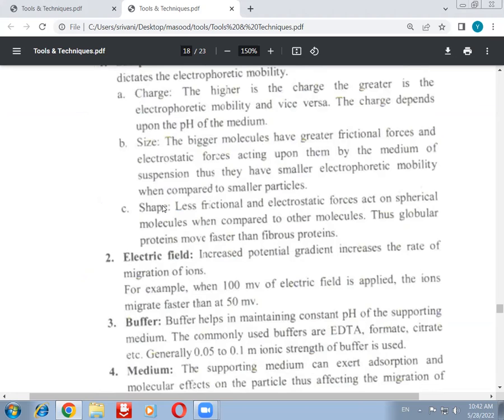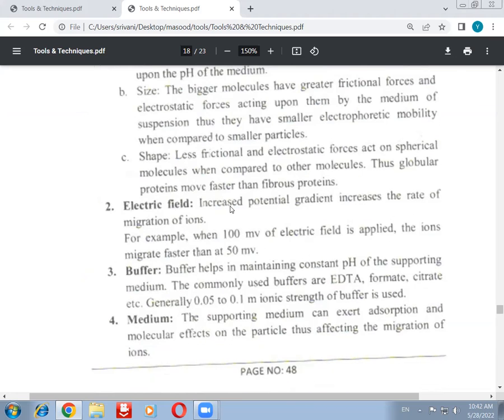So due to shape as well as size, we can separate. Electric field: we use the potential gradient to increase the rate of migration, and so the molecules are separated due to this electric field. Here, when 100 mV of electric field is applied, molecules migrate faster than at 50 mV.